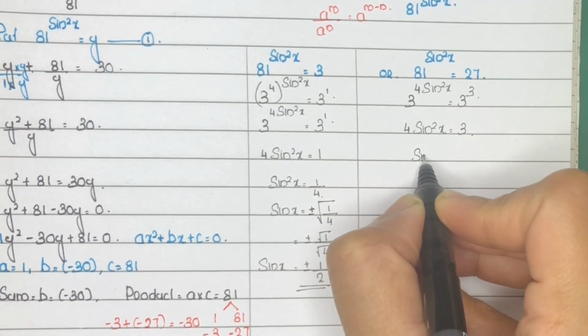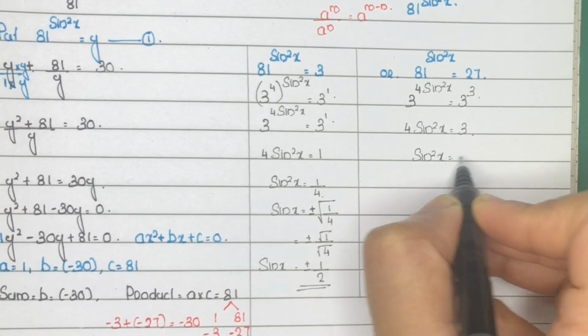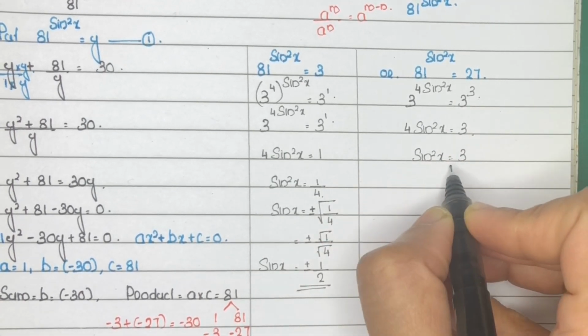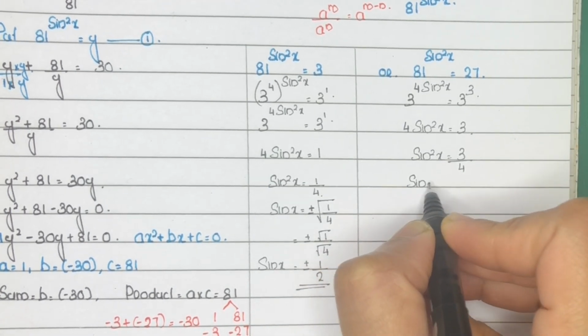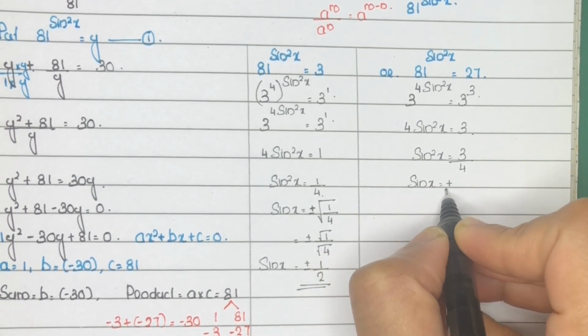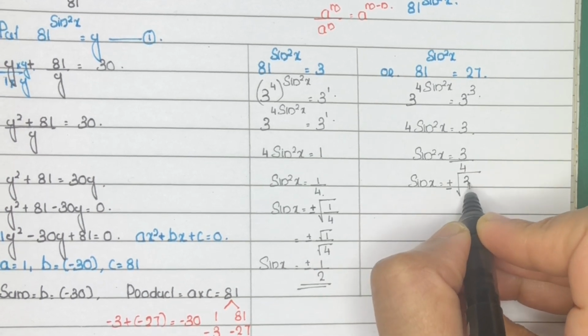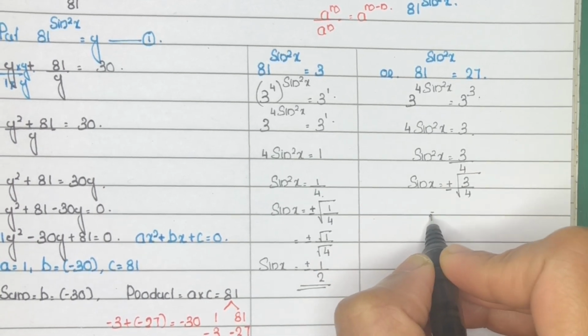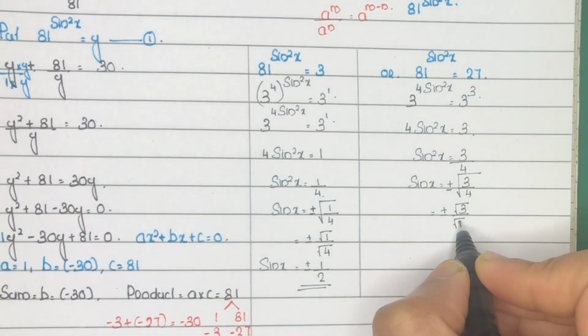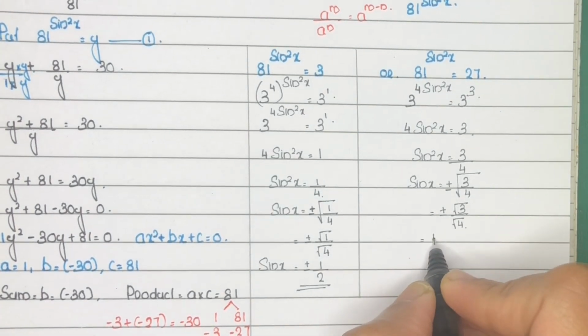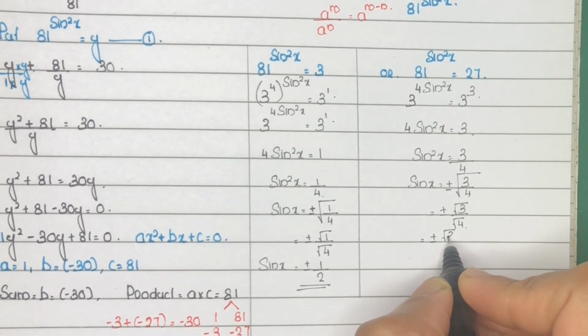So sin square x equal to 3 by 4, taking 4 to RHS. So sin x equal to plus or minus root of 3 by 4 equal to plus or minus root 3 by root 4, that is equal to plus or minus root 3 by 2.